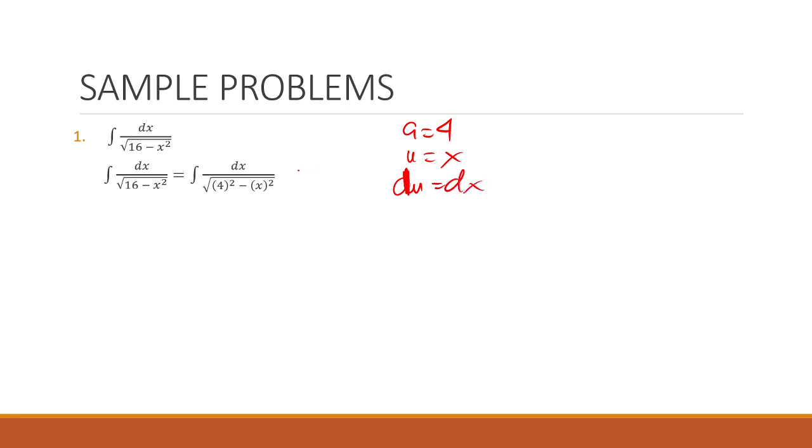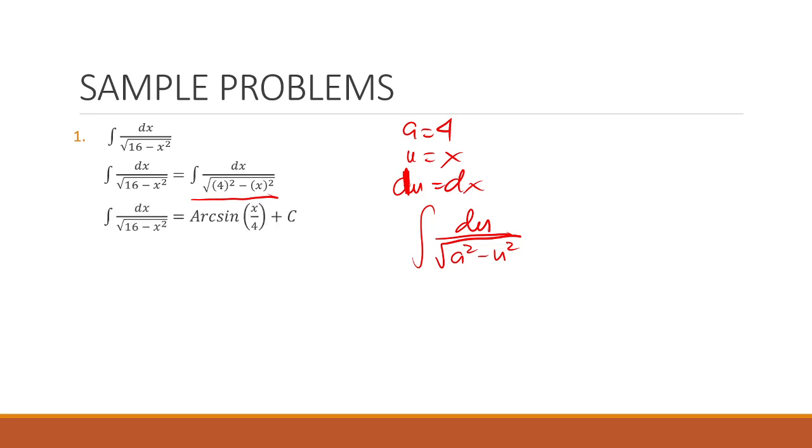So this expression now takes the form, if we replace everything in terms of u and a, then dx is du, and then integral of 4 squared, 4 is a, so a squared minus x squared, x is u, so u squared. Alright, so this now is integrable using the arcsine antiderivative. Okay, so this is now our final answer.